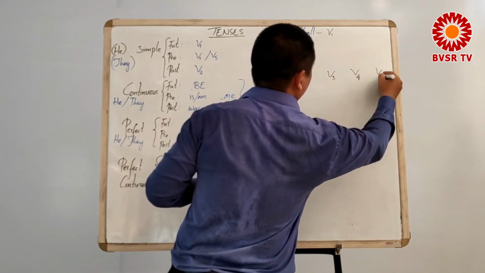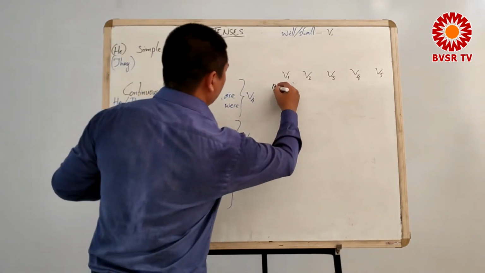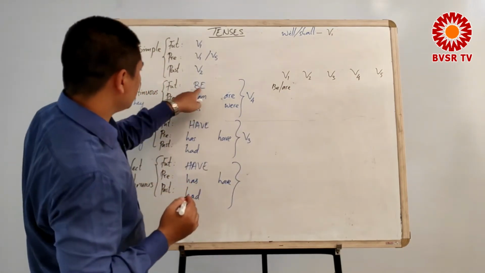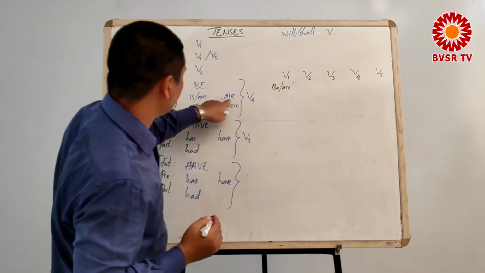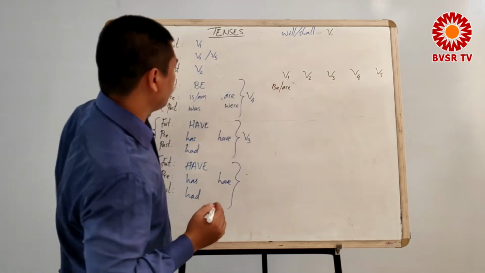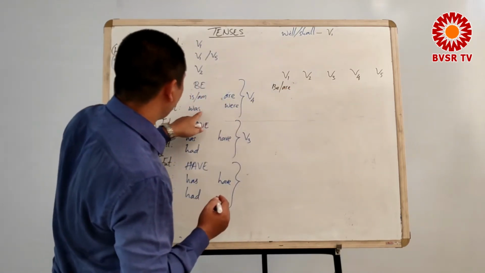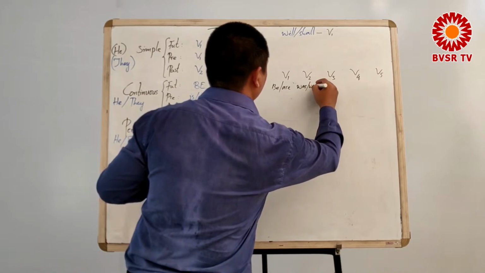and V5. Now V1 of be will be be or are, and because it is plural, V1 is present and plural, therefore what is the present plural? Are. And be is also in V1, keep in mind. And what is the past? That is V2. Past is was or were.